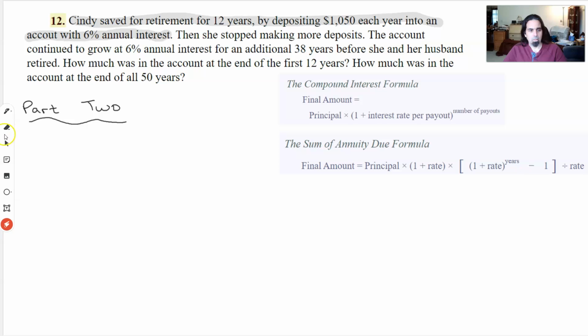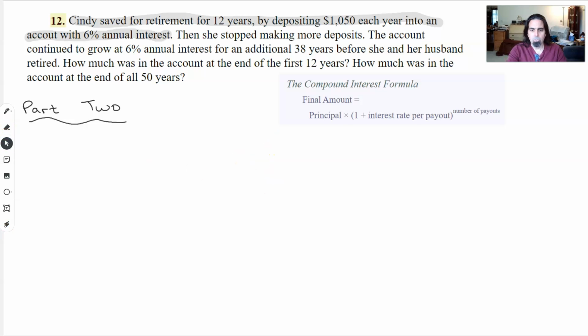So let's actually get rid of this so we don't confuse ourselves. And because we're doing compound interest, we need to be a little careful. Let me know what we're talking about. So I will list out those things. The principal, the rate per payout, and the number of payouts.